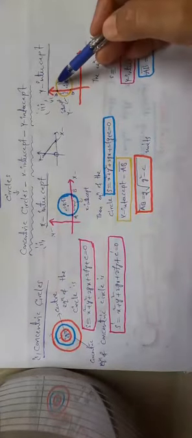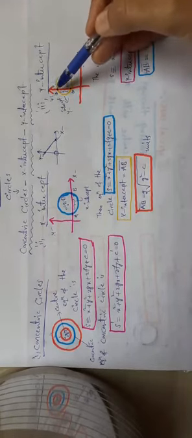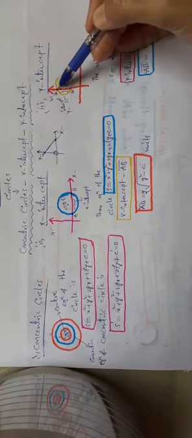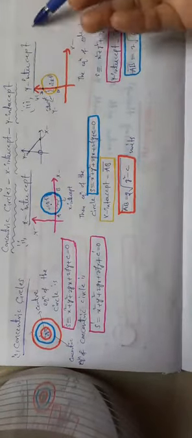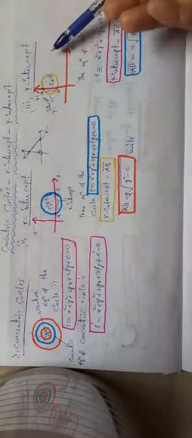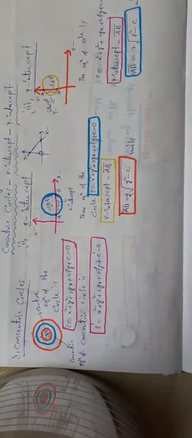Similarly, this is the x axis, this is the y axis. For example, one circle like this exists on the y axis. This is the intercept of the y axis, this is the y intercept. Similarly to the x intercept, the y intercept is also available. The general form of the circle with center minus g comma minus f is x square plus y square plus 2gx plus 2fy plus c equals 0.